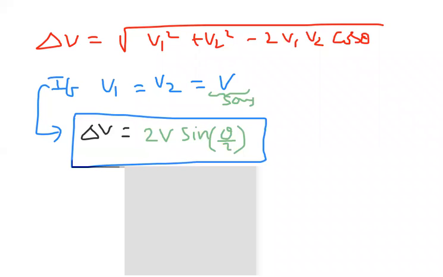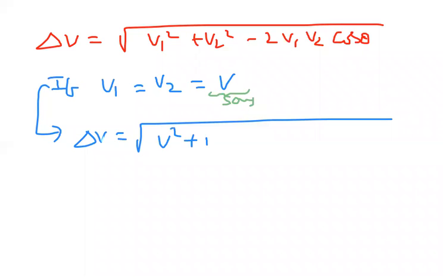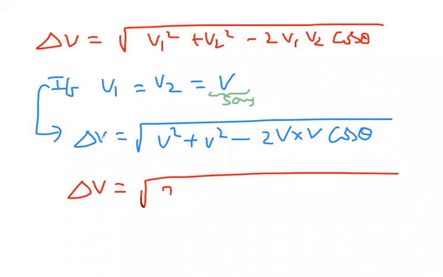Only when both are the same do we get this. I didn't write the calculation for how we got sine theta by 2, just the direct step, so nothing to worry about; we can do that also. It is not a big issue, I'll show you. Delta v is equal to the square root of v square plus v square minus 2v into v cos theta. So delta v is the square root of 2v square minus 2v square cos theta.